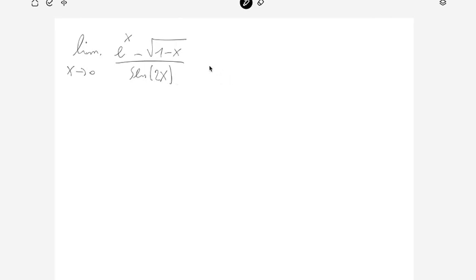Okay, so we start substituting. e to 0 is 1, minus the square root of 1 minus 0 is 1, over the sine of 2 times 0. This is 0 over 0, so an indeterminate form.